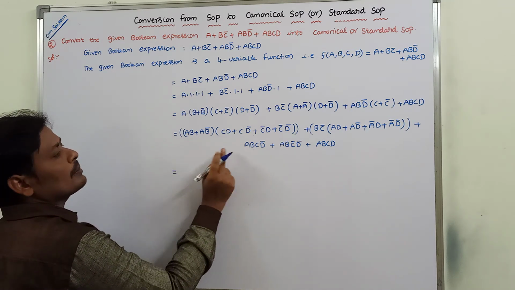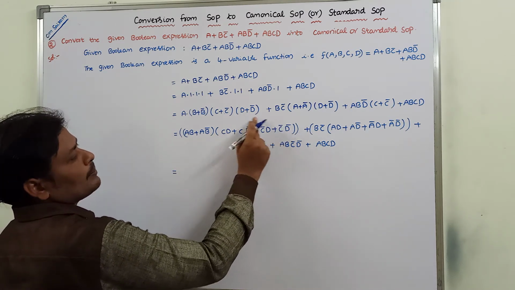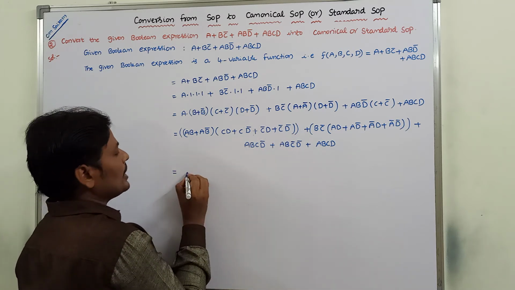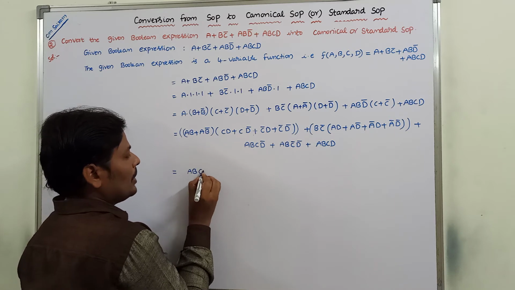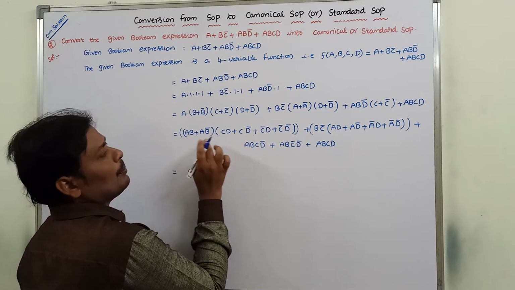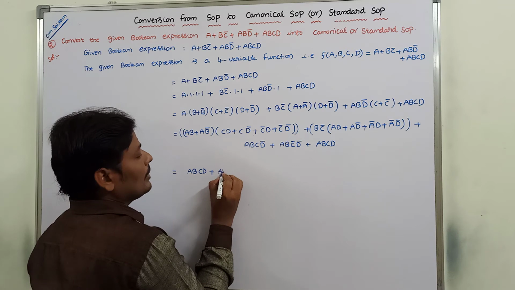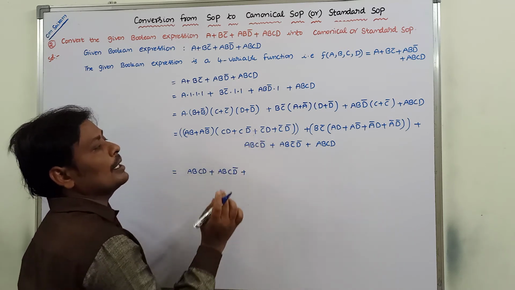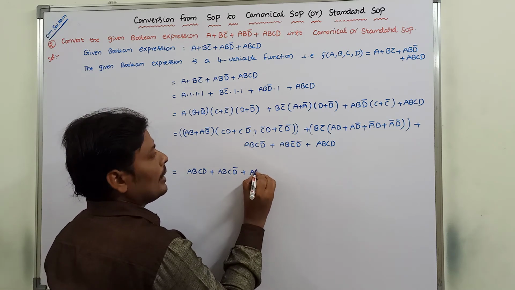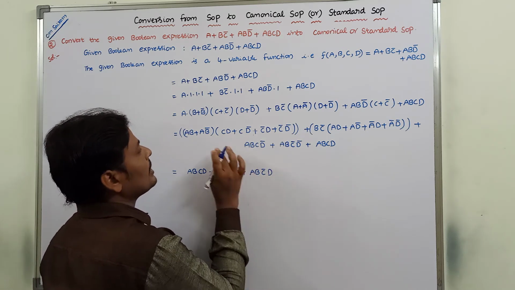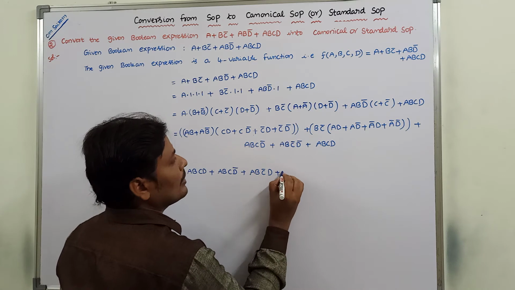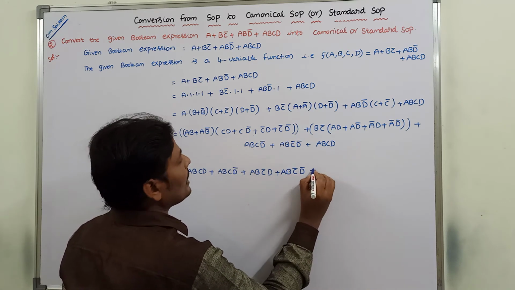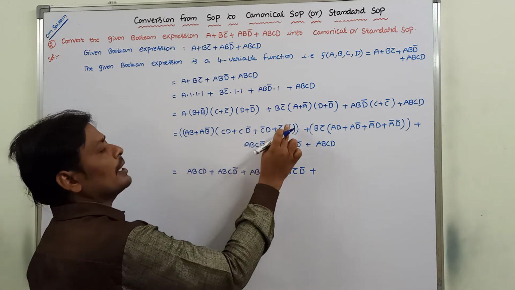Now this term is multiplied with all the terms in the parenthesis. ab into cd, so that is abcd, plus ab into cd bar, abcd bar. Next, ab into c bar d, abc bar d. Next, ab into c bar d bar, abc bar d bar.